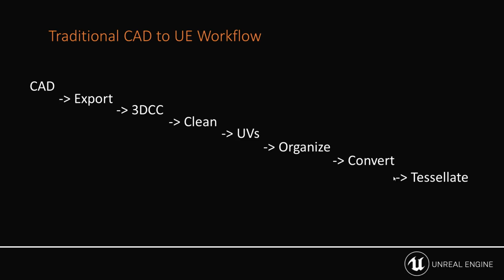And quite often this involves a process of tessellation, which is the translation of that data into polygons or triangles. We'll look at that a little bit later on as well, but I use that loosely because this could also require a complete rebuild of your data, or at least a rebuild of components of the data so that they do translate into polygons or triangles effectively.